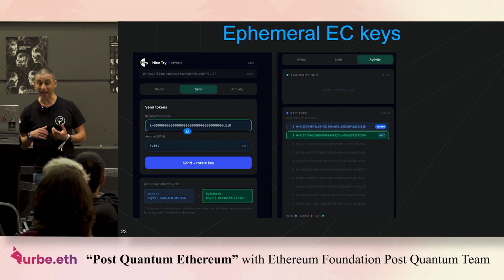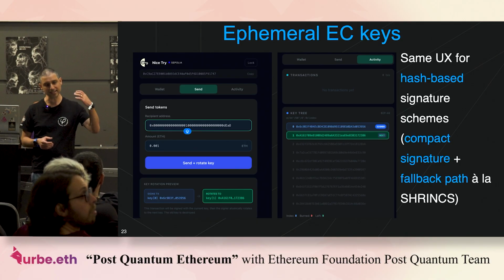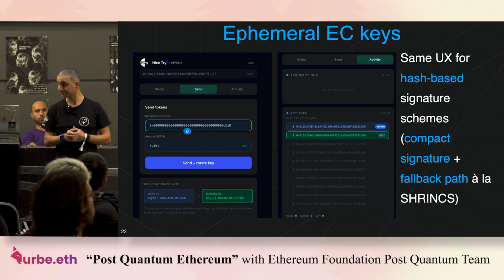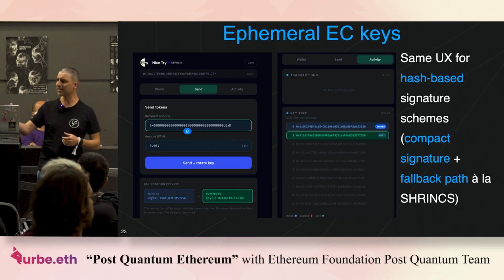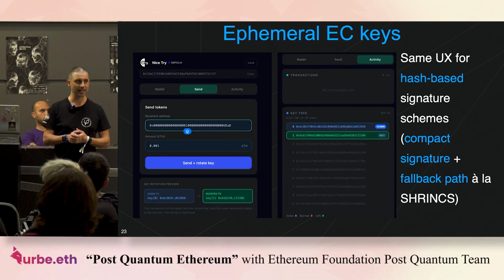One thing that we realized quickly after that is that we can actually keep the same paradigm, the same mental model, with hash-based signatures. The same ones that I was telling you about before. So SPHINCS is a hash-based signature. The problem with SPHINCS is that it's 8 kilobytes, so 8,000 bytes.